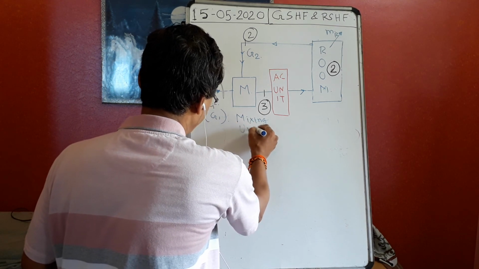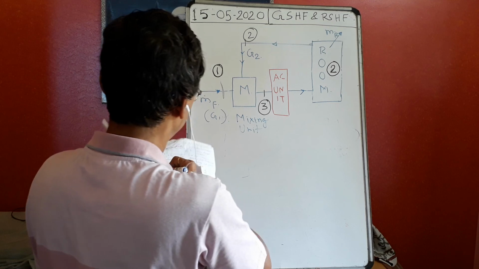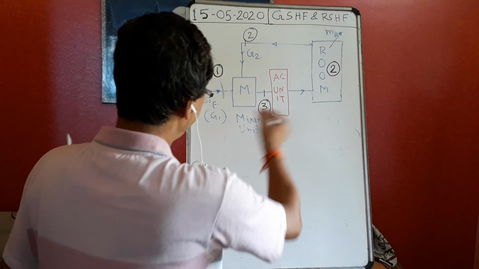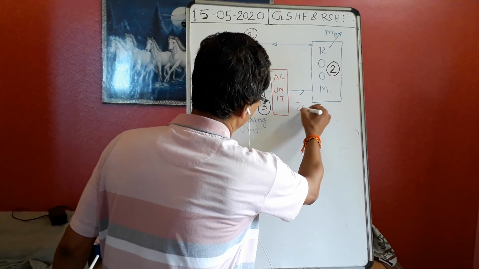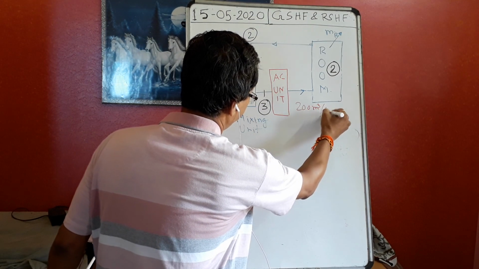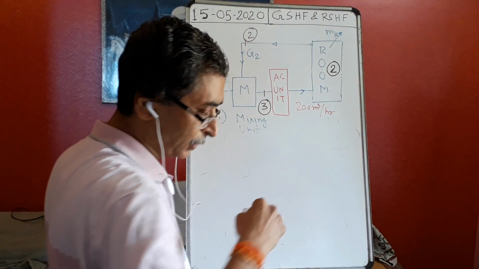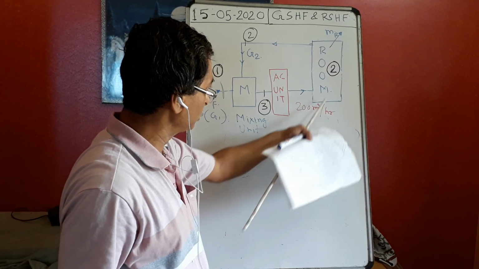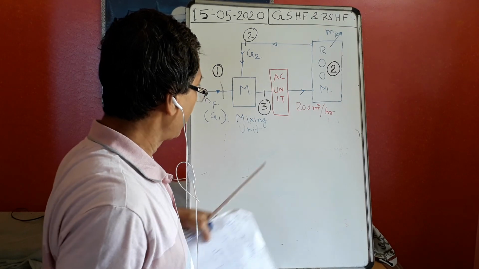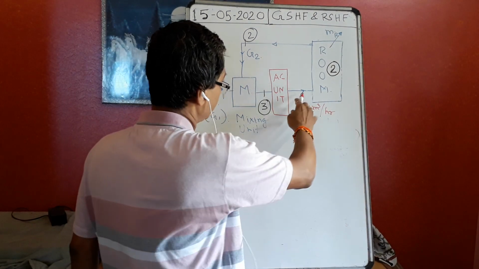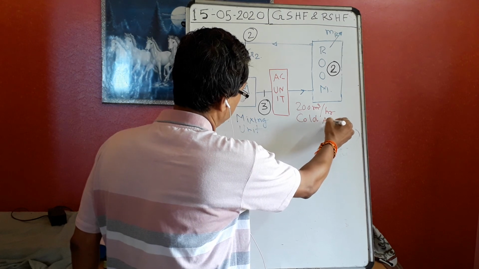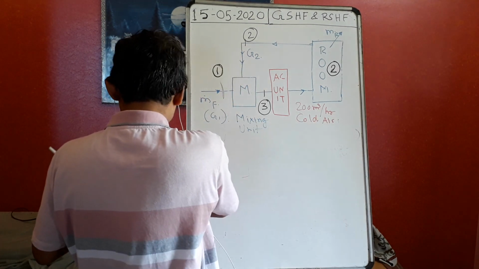Mixing. What is mixing? That I am telling you. Suppose 200 meter cube per minute air is entering inside the room. How much air is entering inside the room? 200 meter cube. And here this is the cold air. What is the condition here?